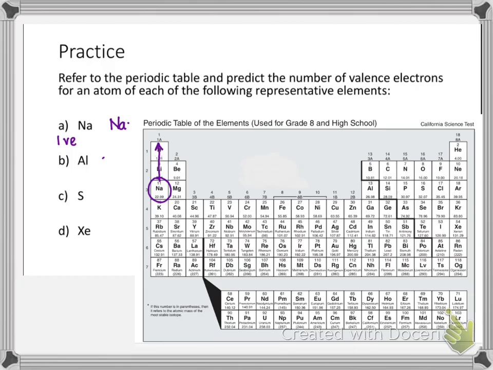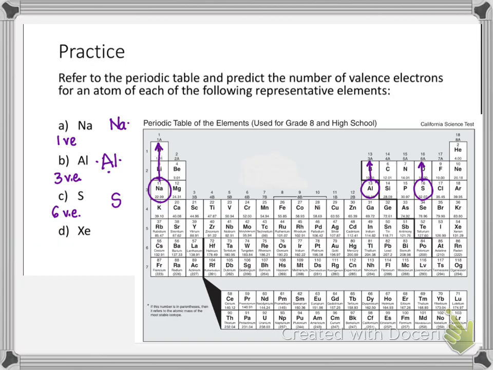Aluminum is right here. It has 3 valence electrons, so I would write the symbol for aluminum, and according to your book, I'd go 1, 2, 3. Sulfur is right here. That's in 6A, so it has 6 valence electrons.